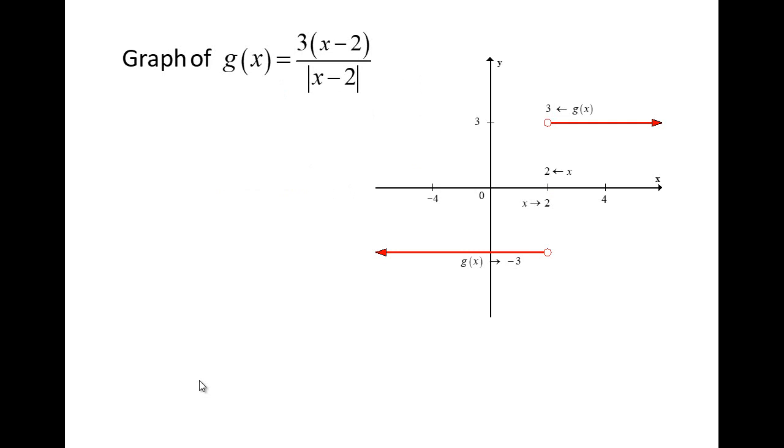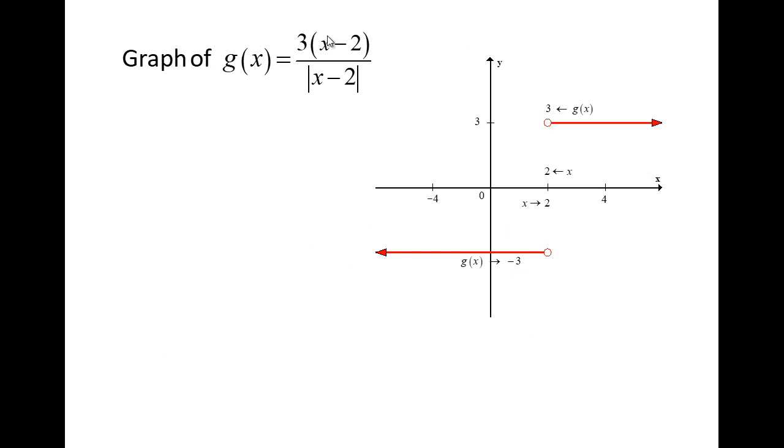So here is the graph of this function. Now notice that the value of the function is always 3 when x is bigger than 2, and the value of the function is always -3 when x is less than 2.